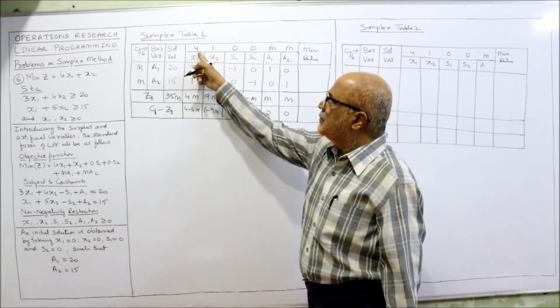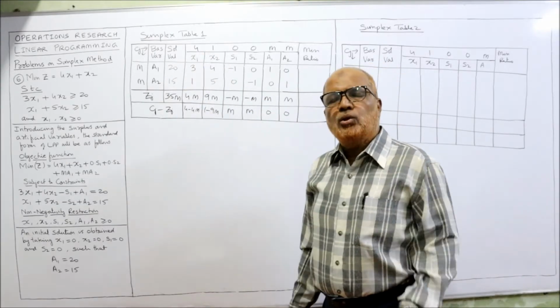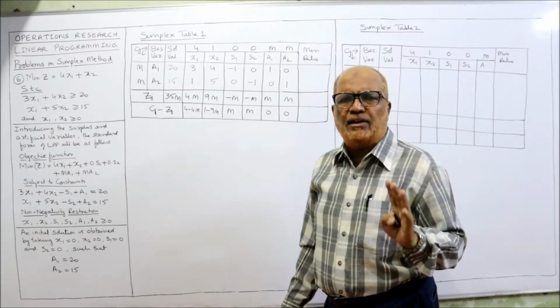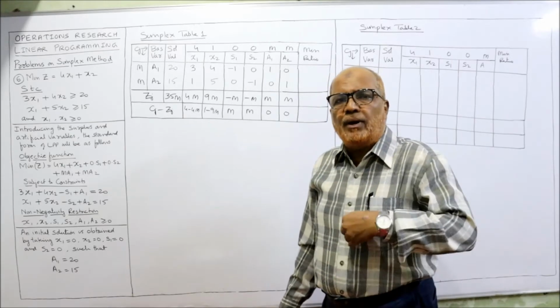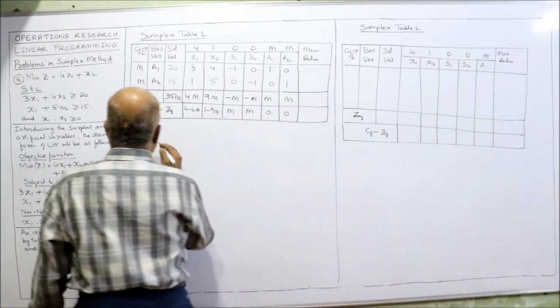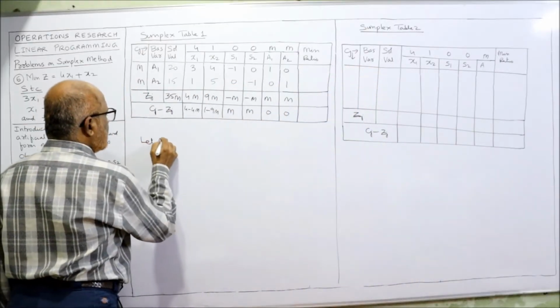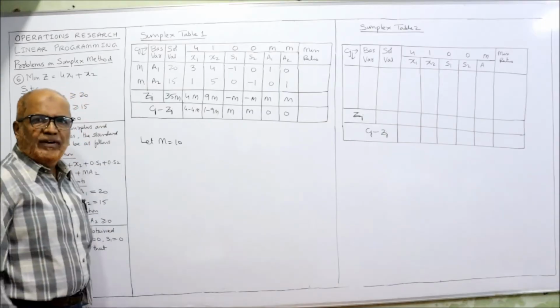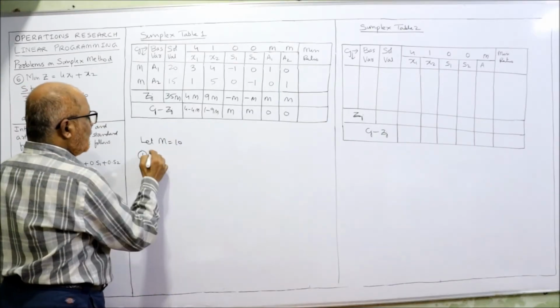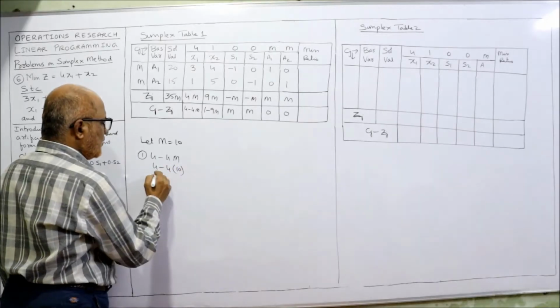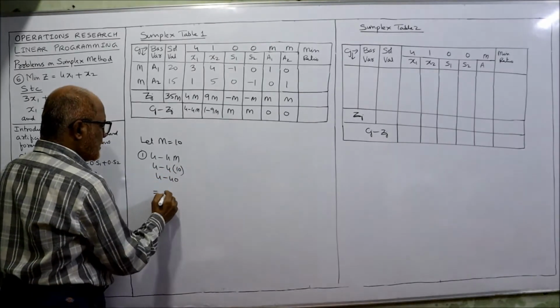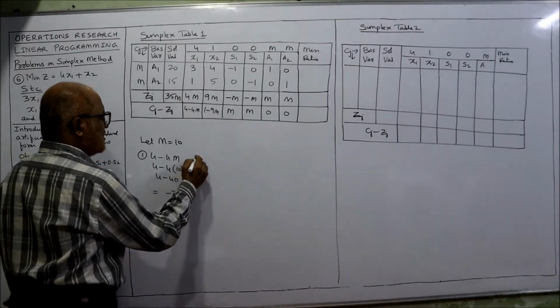4 and 1. This is the actual cost. So you can take any value which is greater than 4 and 1. You can take 5, 6, 7, 8, anything. But for easy calculation, I am taking M equal to 10. If I take M equal to 10, 4 minus 4M, 4 minus 4 into 10, 4 minus 40 is equal to minus 36.